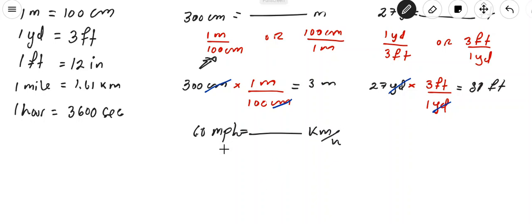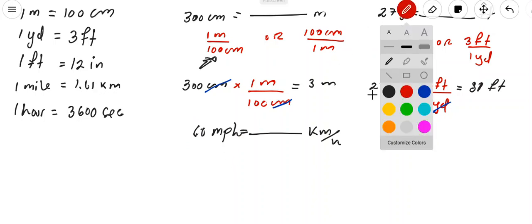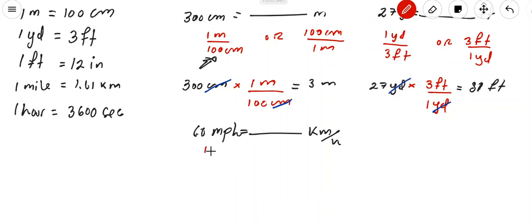So what we have to do is convert my miles into kilometers. So I know that in this case, 1 mile is equal to 1.61 kilometers, or 1.61 kilometers is to 1 mile.